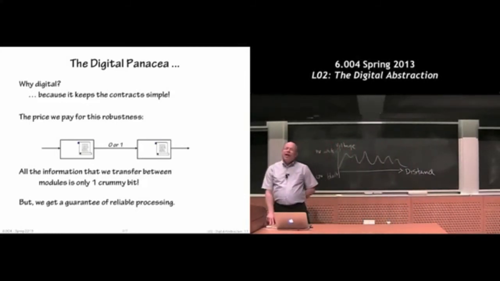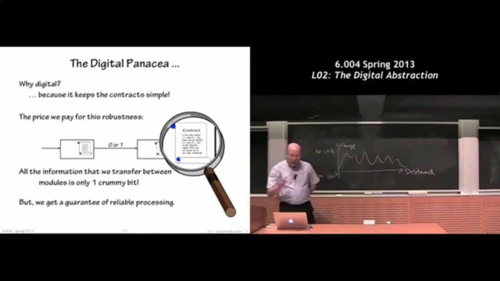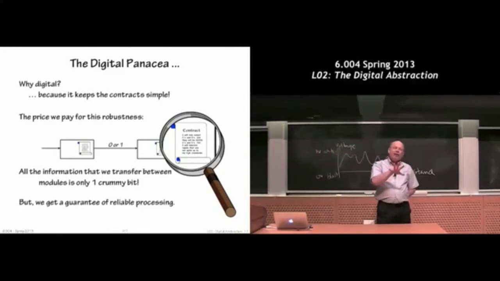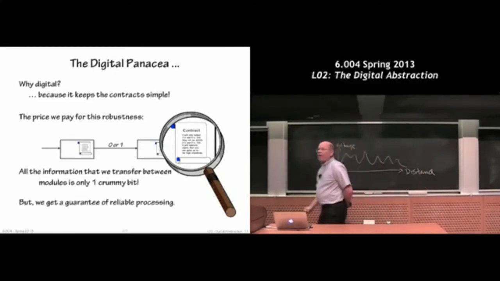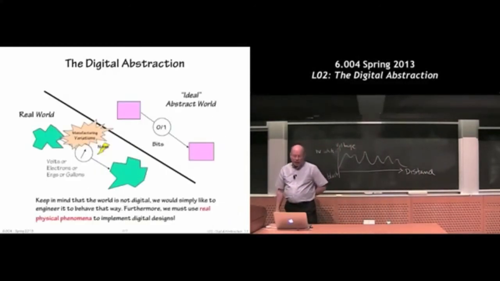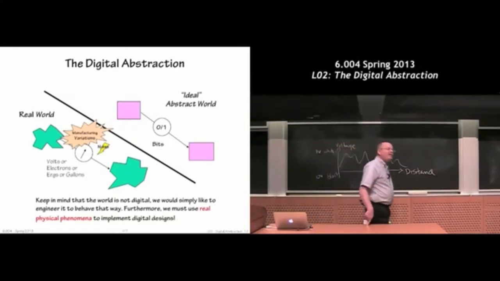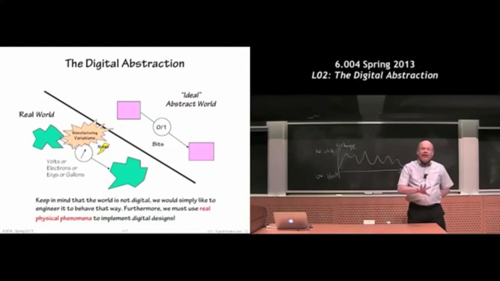But partly we'll see that it actually makes our systems wonderfully reliable, and that'll come out by the end of the lecture. So by going to this digital world where the phenomenon we're using will be interpreted either as a 0 or a 1, we'll get a lot of good engineering things. Keep in mind, it's tempting to forget that this is still the real world.